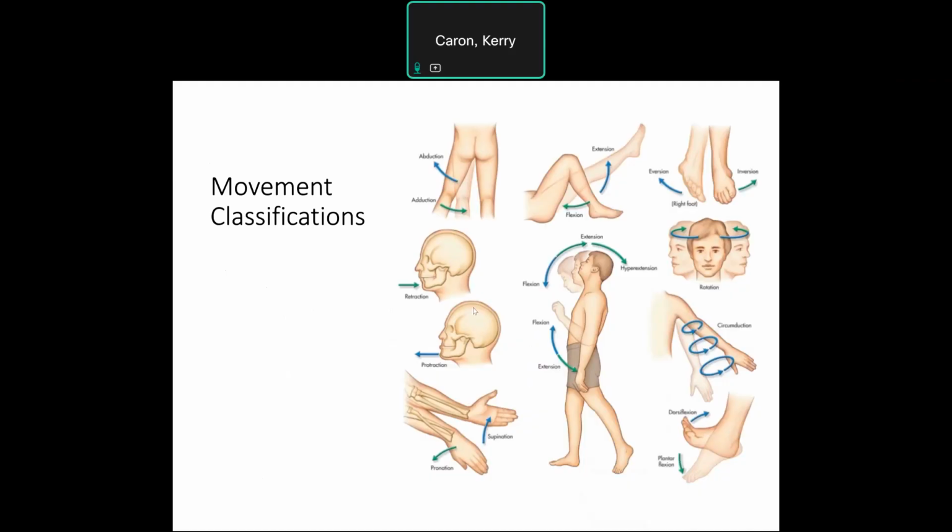Okay, movement classifications. Abduct and adduct, this is going to sound terrible, but the way I remember this is if you abduct a person, you're taking them away. So abduct means to move away from the midline.